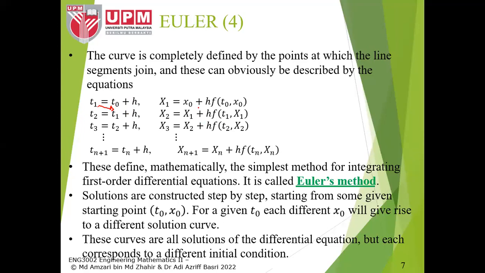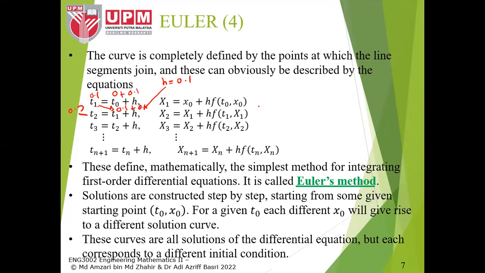For example, you have each time step h equal to 0.1. So this will be t node plus 0.1. For example, you start with t node equal to 0, and 0 plus 0.1, so automatically your t1 will be 0.1. Then t2 is 0.1 plus h, 0.1, so this will be 0.2.